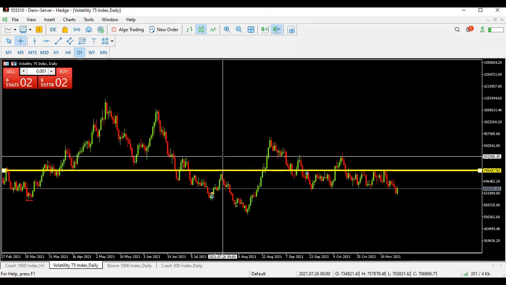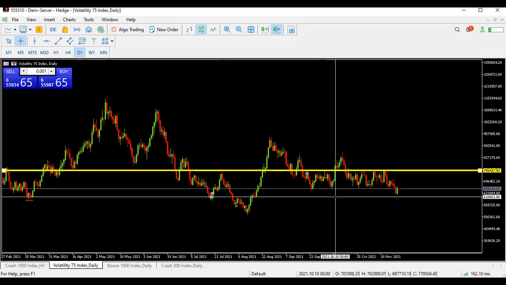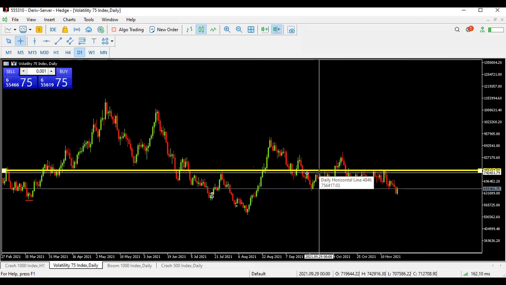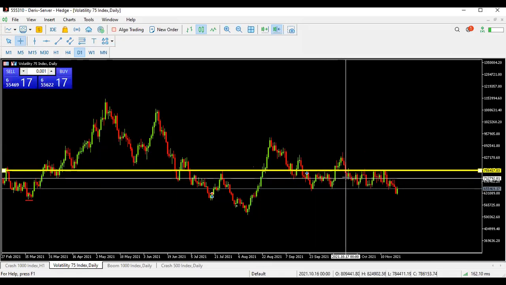You see, price got there and left. You can see that this is a zone. Price got here again. This is September, it got to that point and left.